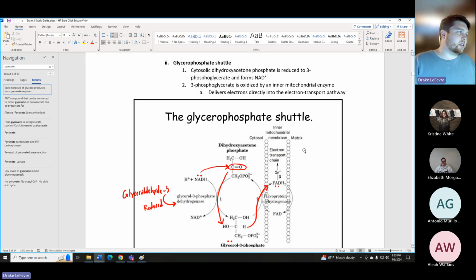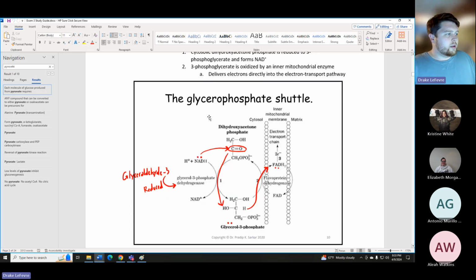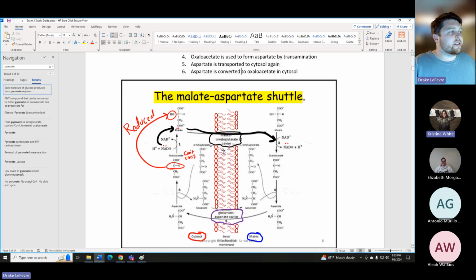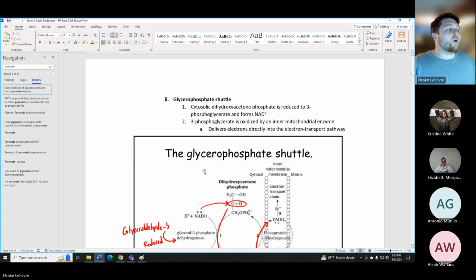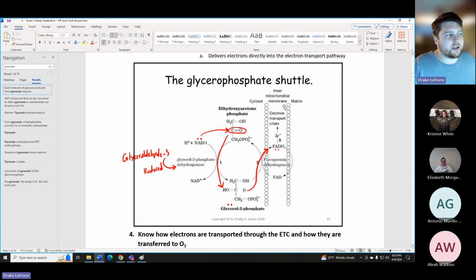There's also something called the glycerophosphate shuttle. This is another way to get the NADH electrons through. So you can use the malate aspartate shuttle or the glycerophosphate shuttle. Both of these will be working.